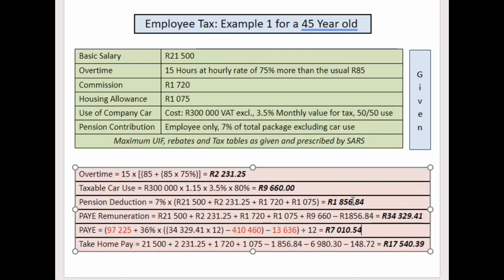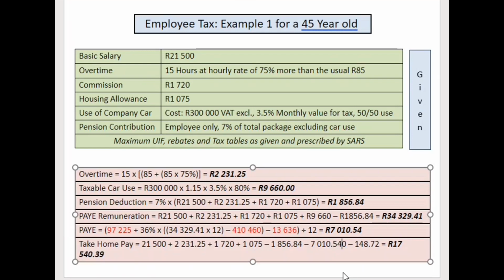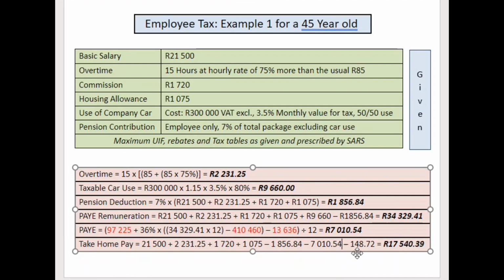because he's not getting it. I mean, it's paid to the fund on his behalf, minus now the 7010.54, okay, which we calculated, minus 184.72. Why?